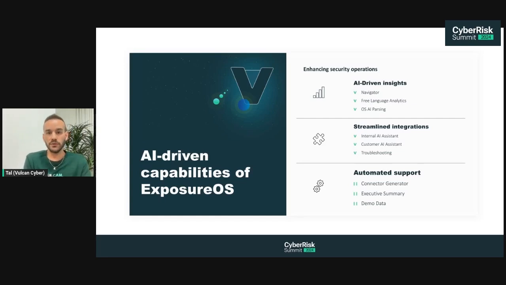So when we thought about AI, we essentially divided our innovation in AI into 3 main categories. The first one is insights. Essentially, there is a lot of information going on in the Vulcan platform today, obviously because of the data that is flowing in. And we want to give you easy access to navigate, an ability to ask questions of the platform at ease, and do parsing at ease.